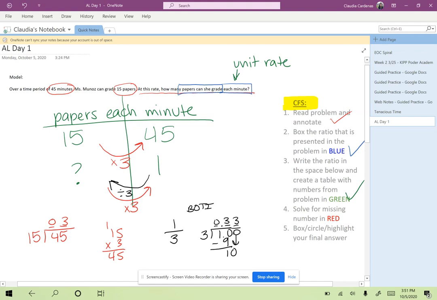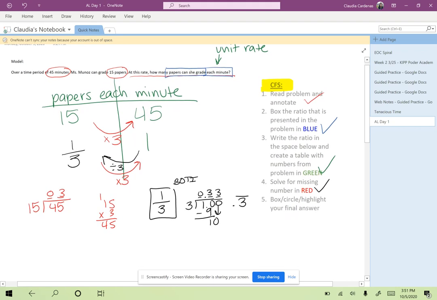So I could leave it as 0.3 repeating, or I could leave it as 1/3. Since the fraction looks a little bit neater, I'm going to go ahead and replace our question mark. And now we know that 1/3 is the amount of papers that she can grade each minute. Okay, so we have solved for it in red.